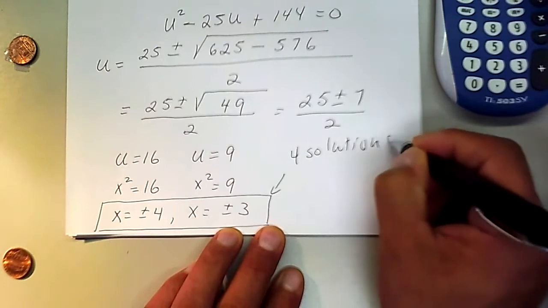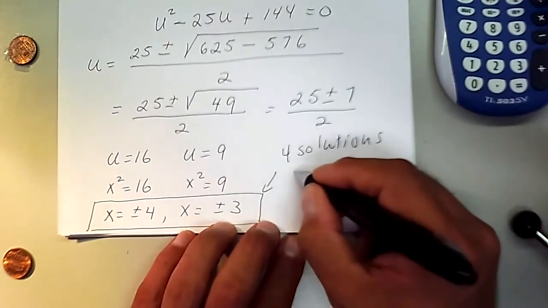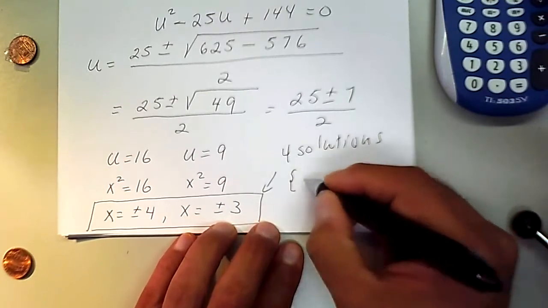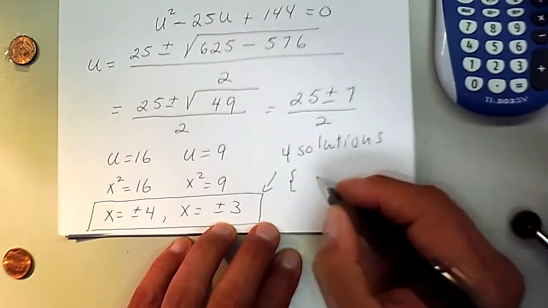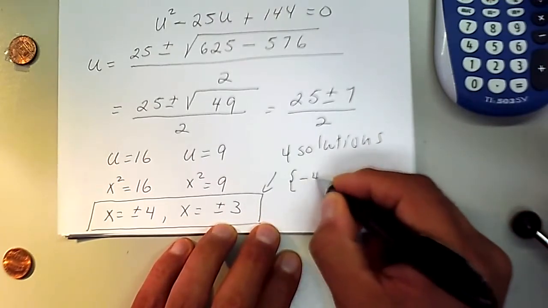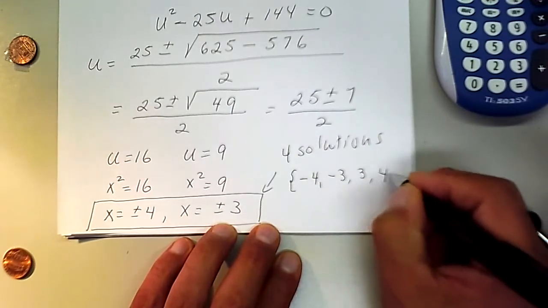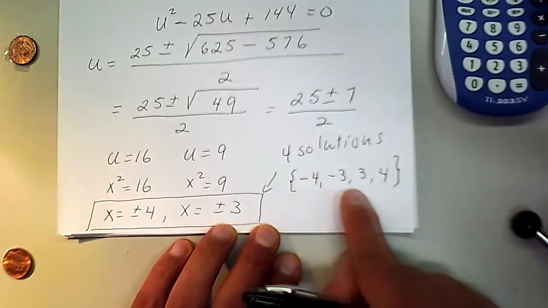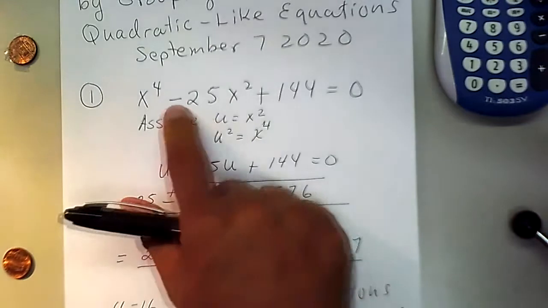Sometimes we will ask students to write a solution set. So we just put down all the elements. Going from smallest to largest, we have -4, -3, 3, and 4. So that is even more clear that we have 4 different solutions to this equation.